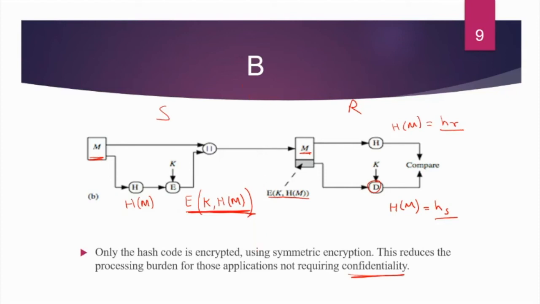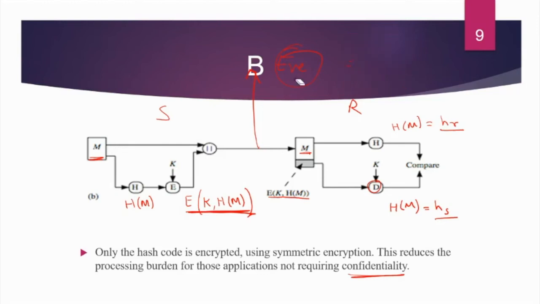Why? Because suppose there is somebody in between, let's say Eve. If Eve gets this particular thing, m plus E of K h of m, then Eve can read this plain text message. Hence we can say confidentiality is not achieved.